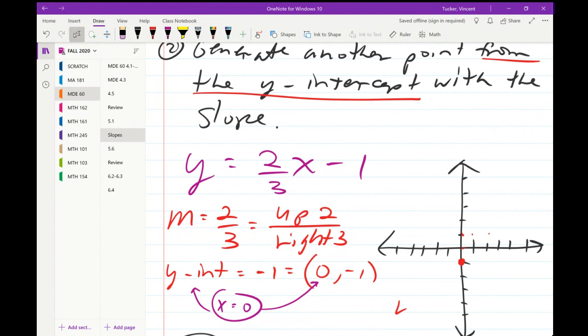But since they told me it was a y-intercept, the coordinates of that would be (0, -1). Then for my slope, I have +2 over +3. So that means I will go up 2, right 3. All right. So questions before we graph?